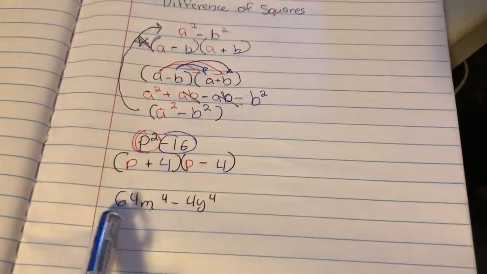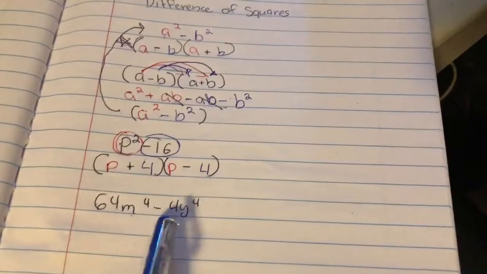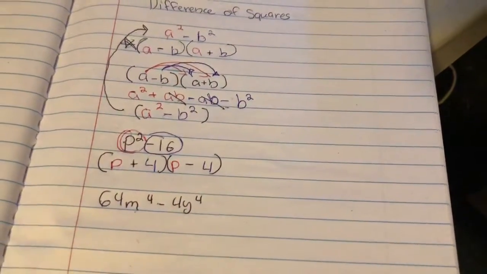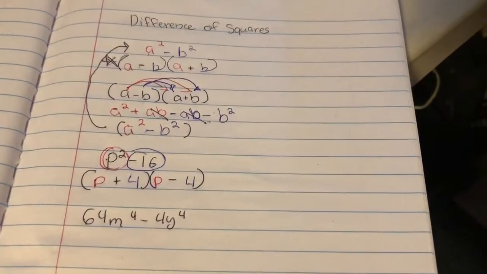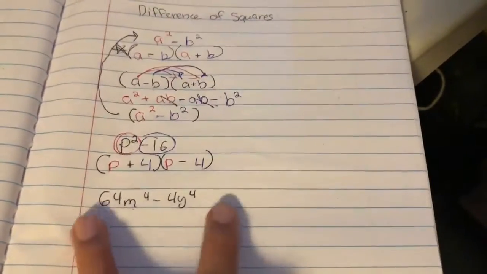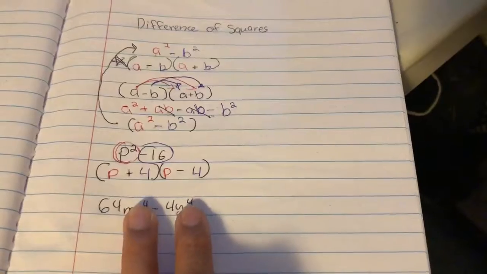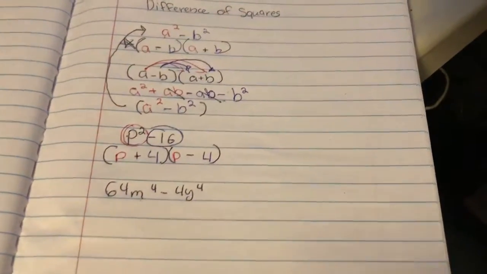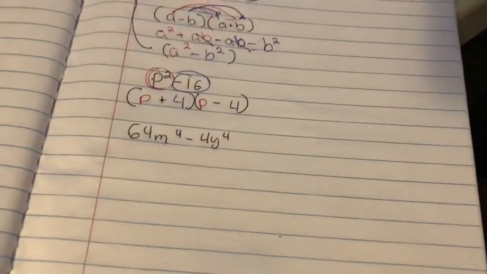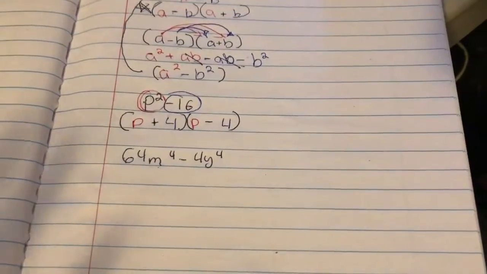We do have a square here, so I think the square here and the square here simply do work. They're both squares. You can test this out.